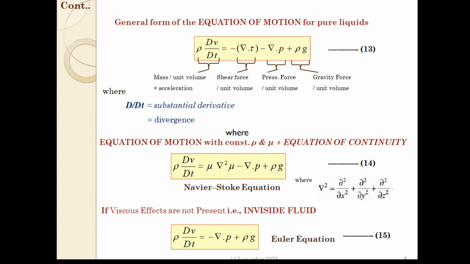I haven't derived the entire equation, but I have given you enough points for the fundamental development of the equation, and I have told you how to combine these three equations.